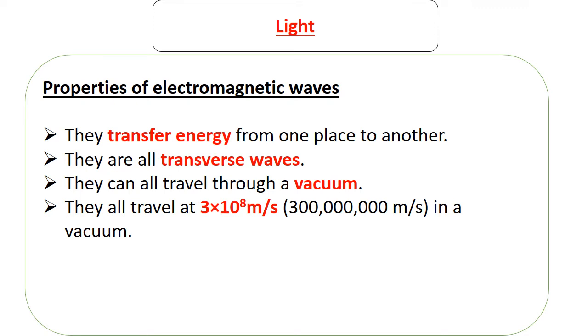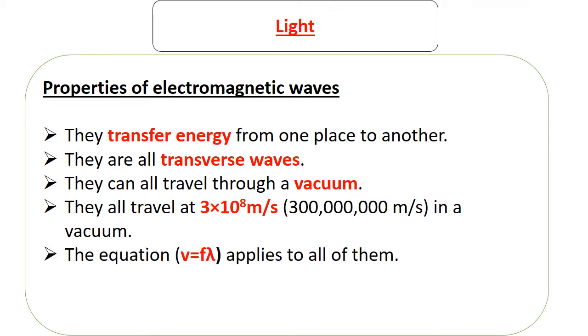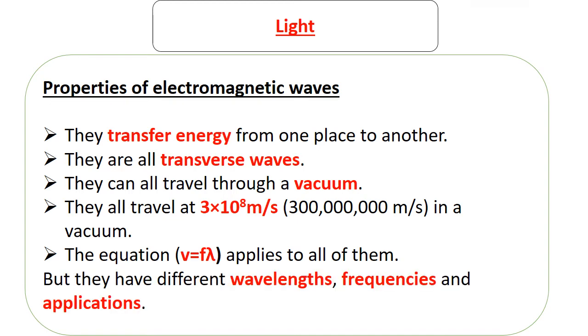They all travel at 3 times 10 to the power 8 meters per second in a vacuum. So this is their speed. The equation v = fλ, called the wave equation, applies to all of them. Despite all these similarities, they have different wavelengths or frequencies, and therefore they have different applications.